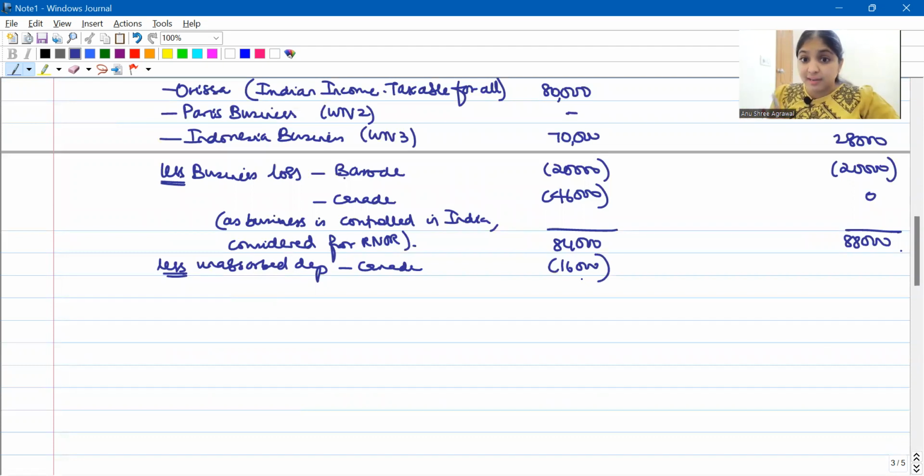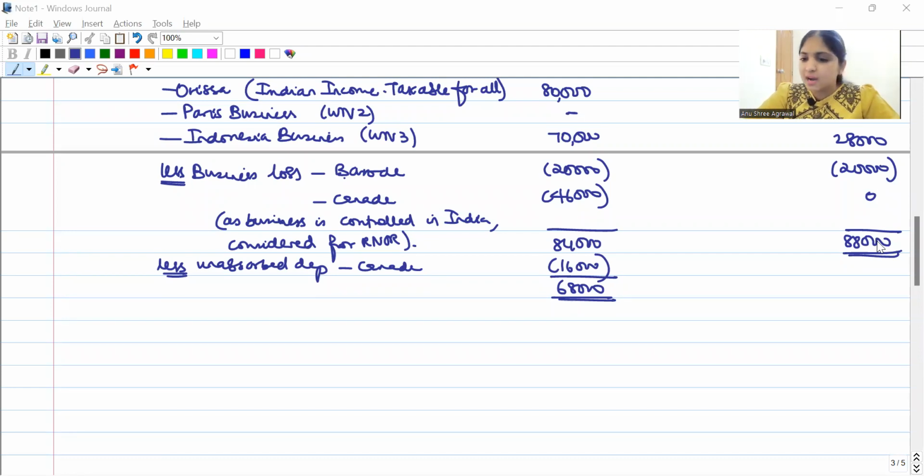Because NR will not be attracted over here because neither is the income accruing in India nor is the income received in India. It is accruing in Canada, received in Canada, but for RNOR I'm considering because business is controlled in India. So what is going to be the net PGBP of my RNOR? 84,000 minus 16,000. 68,000 is going to be the PGBP of RNOR. And on the other hand, what is NR's PGBP? 88,000. Until here, do you have any questions? Till here, is it understood?